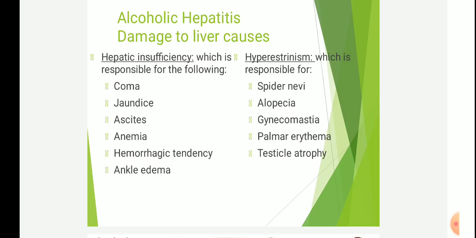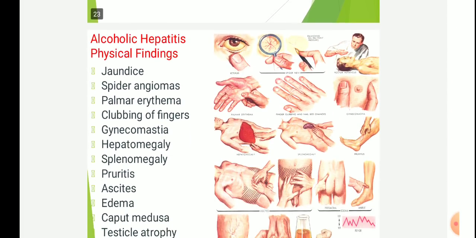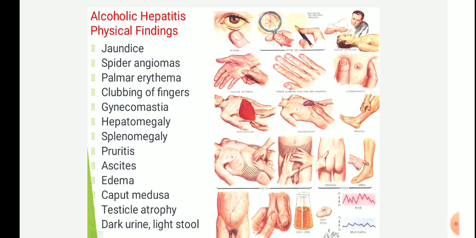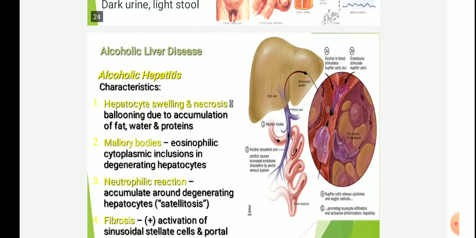Also spider nevi, alopecia, gynecomastia, palmar erythema, testicular atrophy. These are the symptoms or signs that you can see in patients with alcoholic liver disease. Hepatitis: jaundice, spider angiomas, palmar erythemas, clubbing of fingers, edema, caput medusae, dark urine.